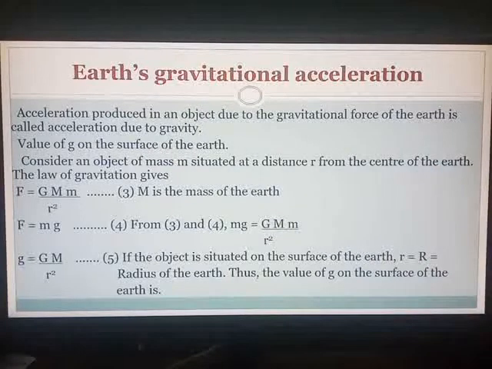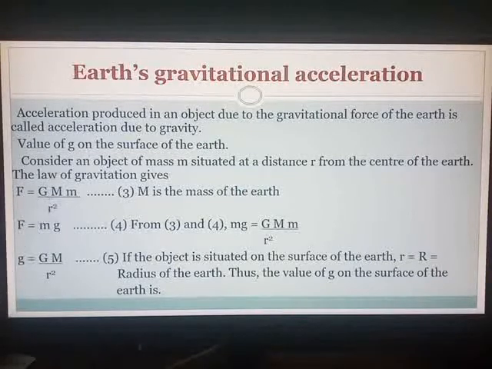Now we are going to derive this value of Earth's gravitational acceleration, that is g, on the surface of the earth. For that you will consider an object of mass m situated at a distance r from the center of the earth. What does the law of gravitation tell us? Just now we have studied force is equal to G M m upon r square. Here, in the previous derivation of Newton's universal gravitational law, we derived the value of F. G is constant.